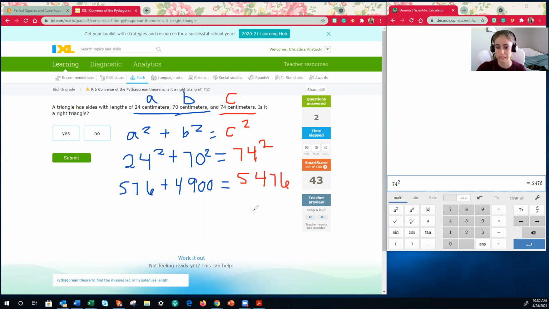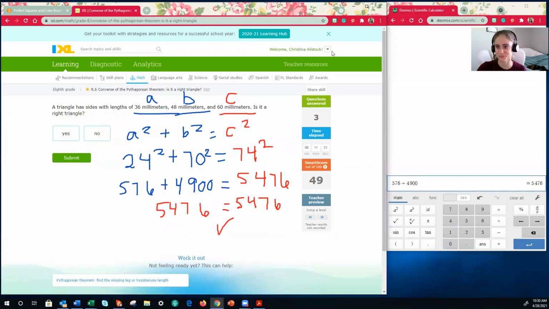All right, let's add up our two legs and see whether or not it is a right triangle. So 576 plus 4,900 is 5,476. We're getting a lot of them that work. I promise when you guys do this, there will be some that don't work and are not right triangles.